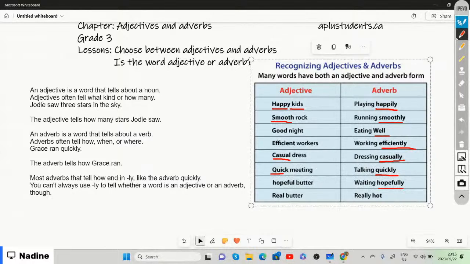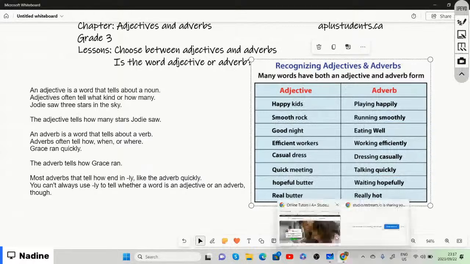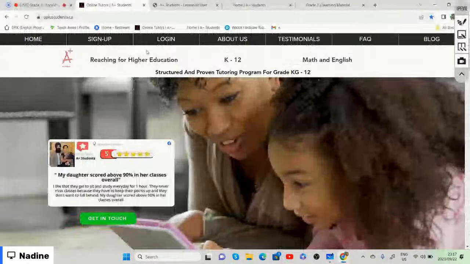So that is but a few examples of adjectives that tell us about the noun, and adverbs that tell us about a verb.